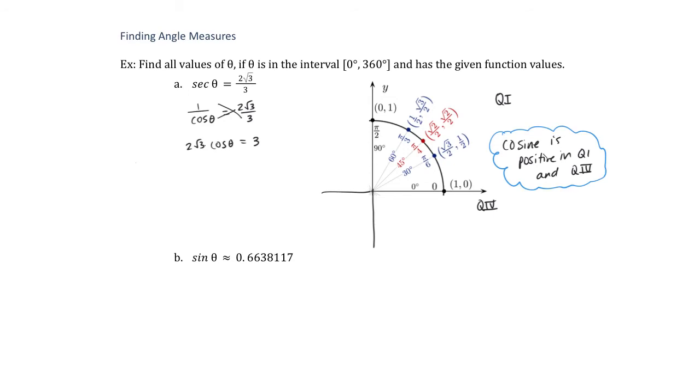So you would get 2 square root of 3 times cosine of theta is equal to the other cross product, which is 1 times 3. So that's equal to 3, and then divide through by 2 root 3 on both sides. So the cosine is equal to the reciprocal of that original value: 3 over 2 times square root of 3.